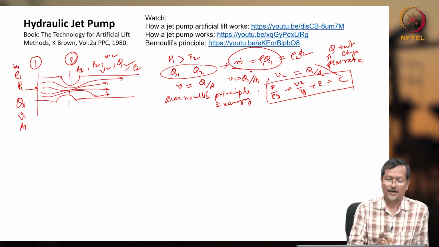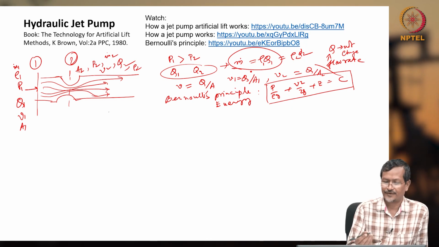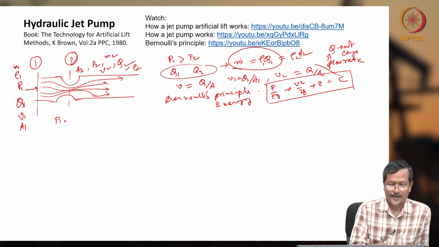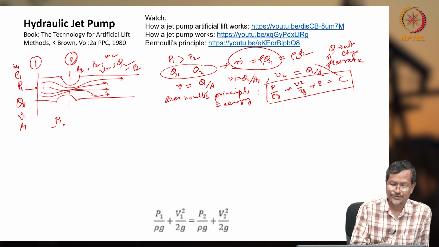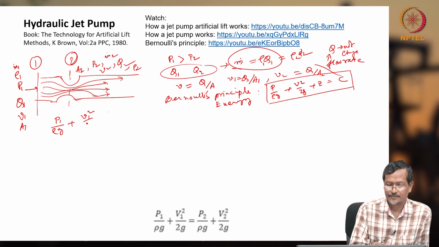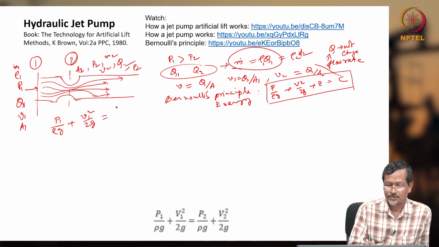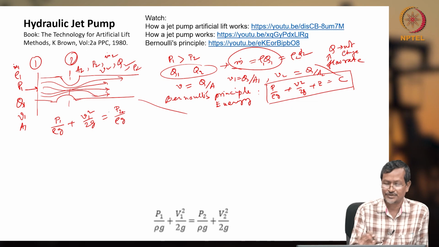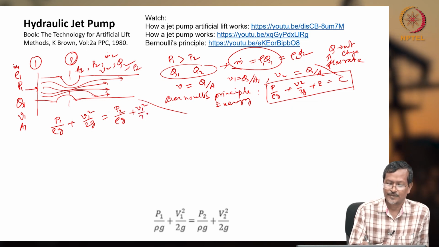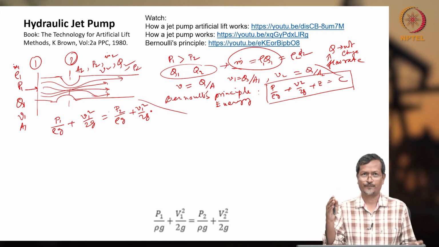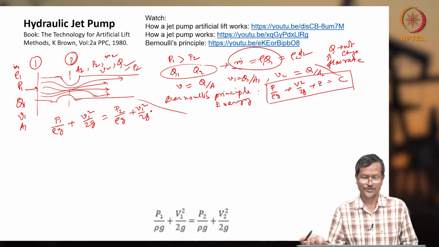Now, how is this pressure becoming different? Section 1 pressure is P1, and you see the Bernoulli equation. I'll write it the same way: P1 by rho g plus V1 squared by 2g equals P2 by rho g plus V2 squared by 2g. Because g cannot change anyway, and rho is also not changing, we are assuming, and other terms like height, frictional pressure drop, or any other energy transfer term are not there.